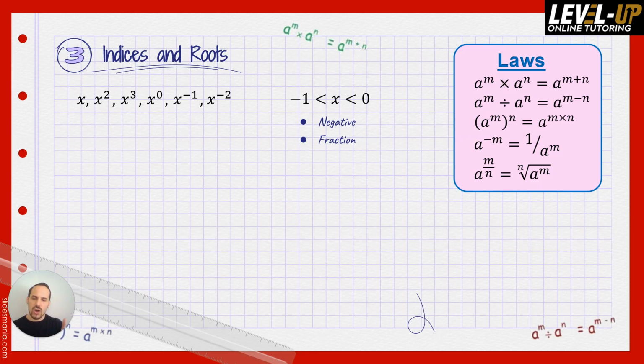Because I'm doing a half times a half times a half. It's getting smaller. Whereas if you do a number greater than 1, like say 2, and I do 2 to the power of 2, 3, 4, whatever, you see the number's going to get bigger. It will go 2, 4, 8, 16, and so on. So that's something to be mindful of. Between 0 and 1, a number will get smaller when you take it to powers. And when it's greater than 1, it's going to get bigger.